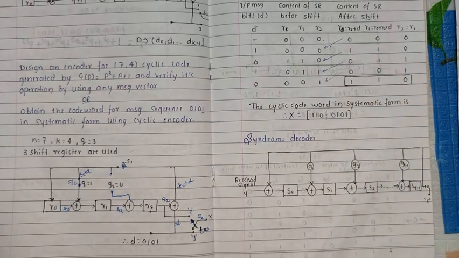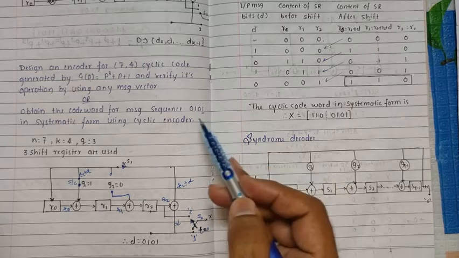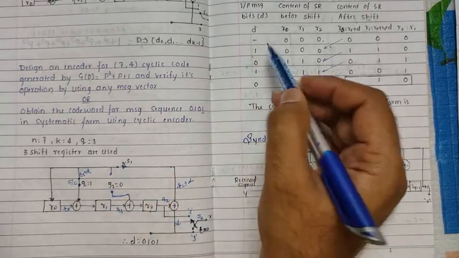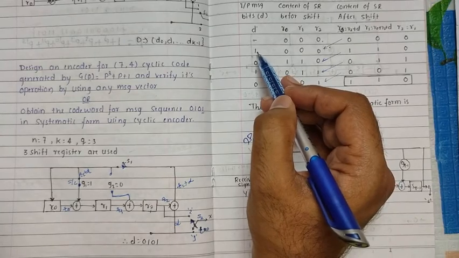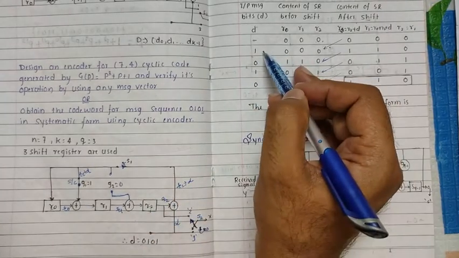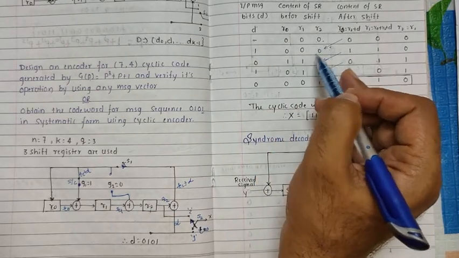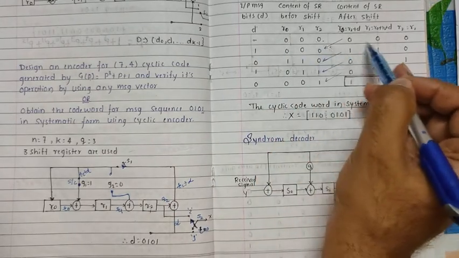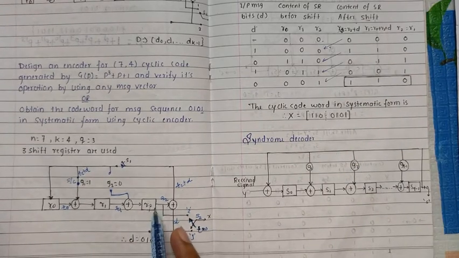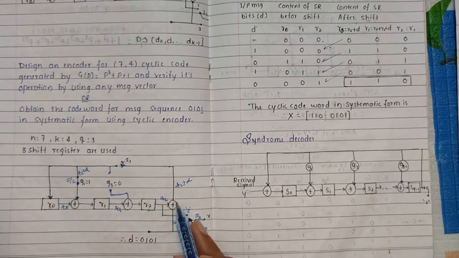Now when the first input bit, which is actually the last one, is routed through this design, what will happen? When the last bit, which is 1, goes through this design, the content of the shift registers is right now 0, 0, 0 in R0, R1 and R2, and the input we have applied is 1.